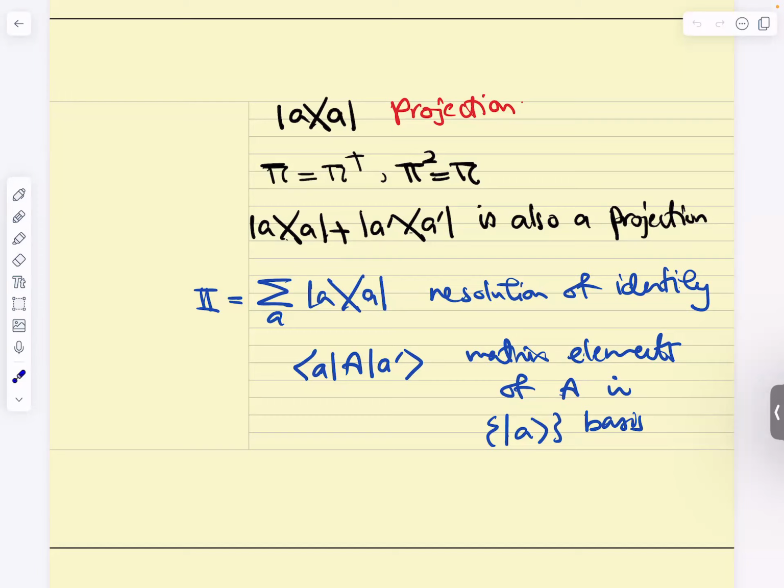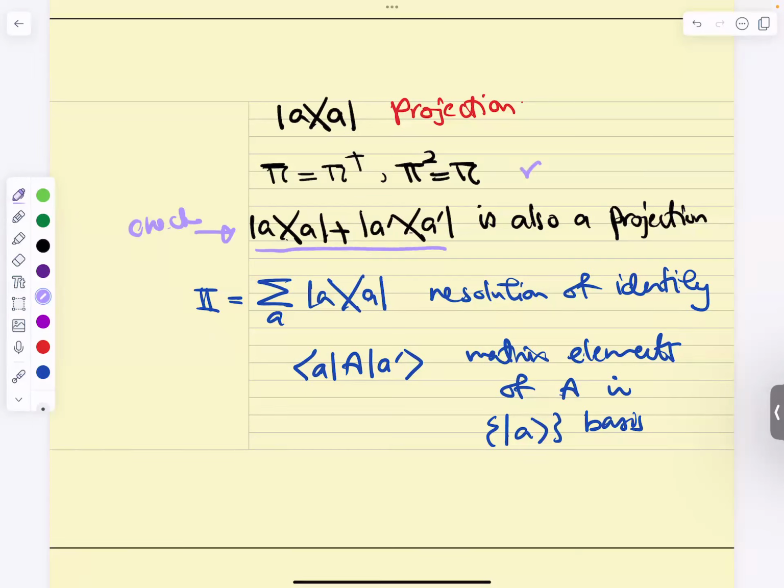This is a little exercise for you guys, to check that this checks both of these conditions. So this is a one-dimensional projection. This is a two-dimensional projection, right?